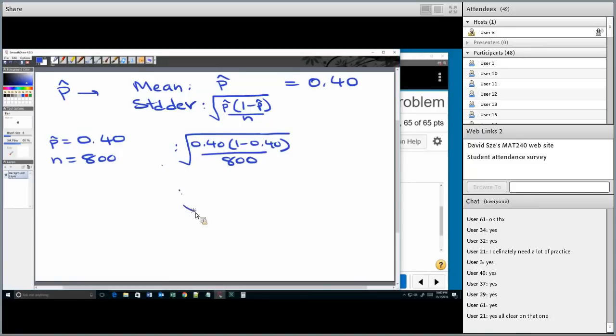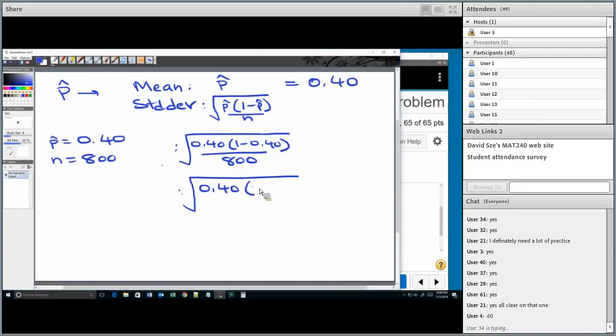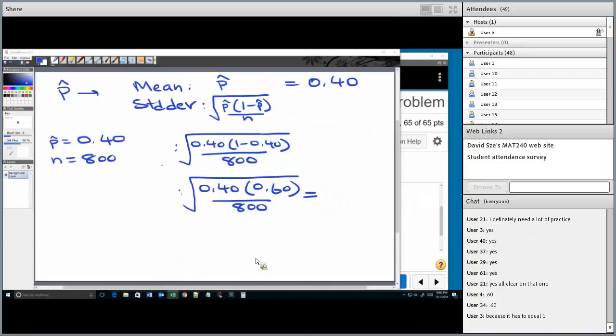This is the same as 0.40 times, what is this, 1 minus 0.40? It's 0.60, divided by 800. And then you have to find the square root. So now let's find this using Excel. Our friend Excel makes calculations easier.